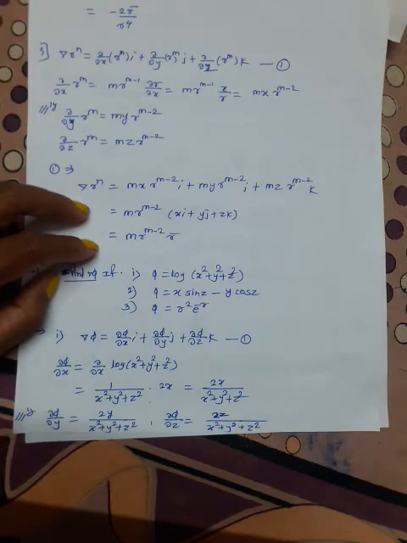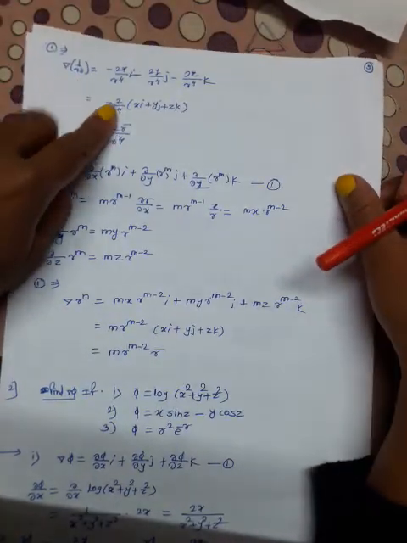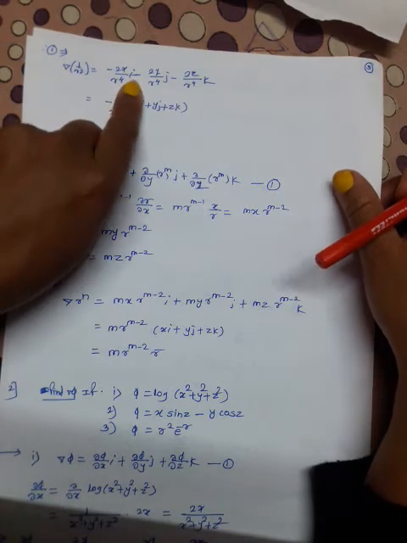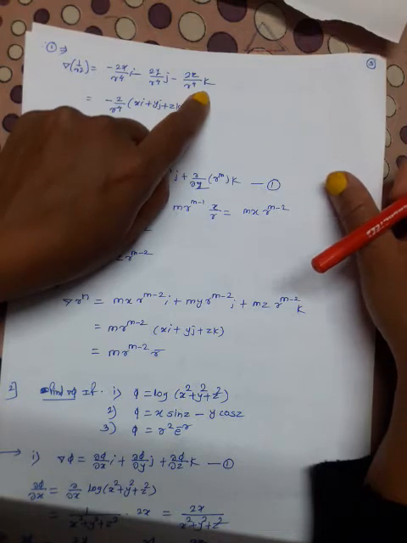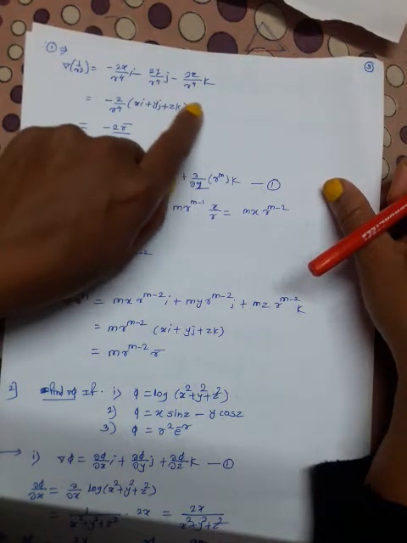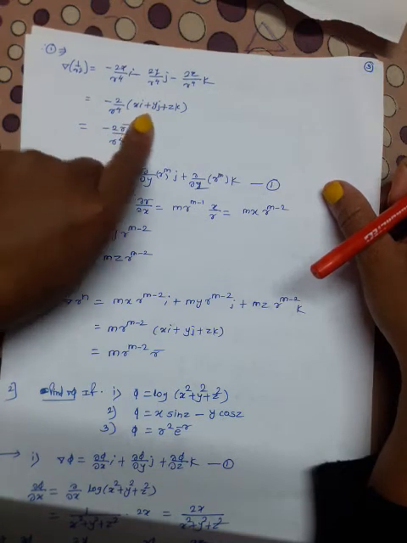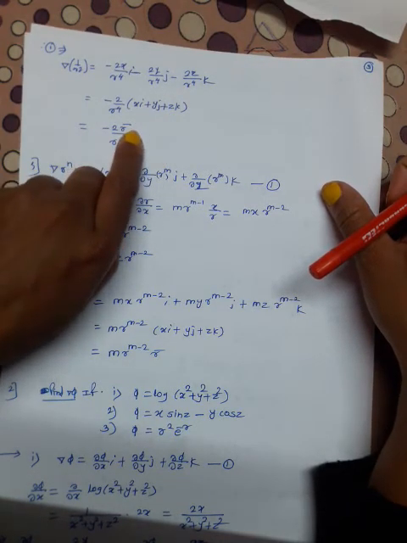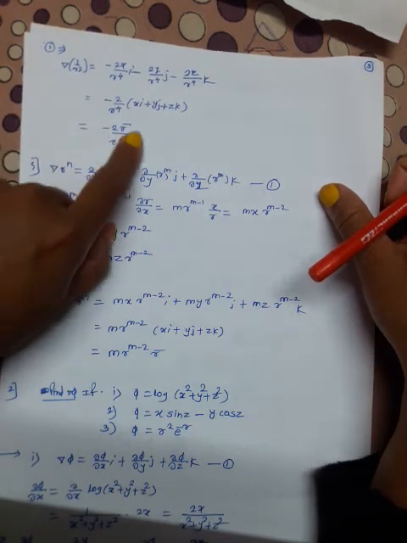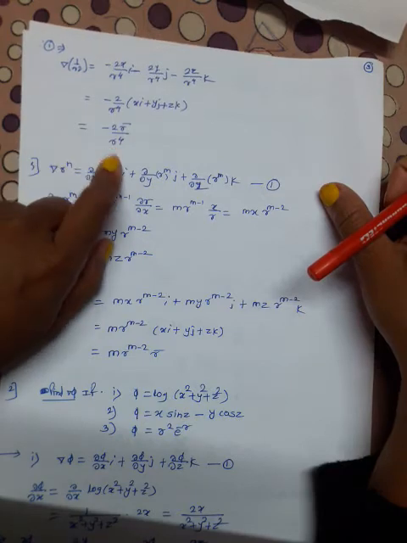We get del of 1 by r squared is nothing but minus 2x upon r raised to 4 i, minus 2y upon r raised to 4 j, minus 2z upon r raised to 4 k. Now take minus 2 upon r raised to 4 common. In the bracket it remains xi plus yj plus zk, and the value of this is r bar. Therefore the answer is minus 2 r bar upon r raised to 4.